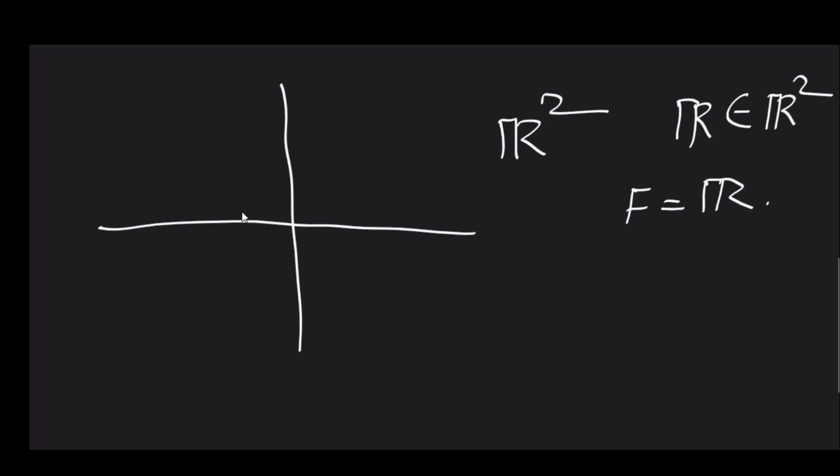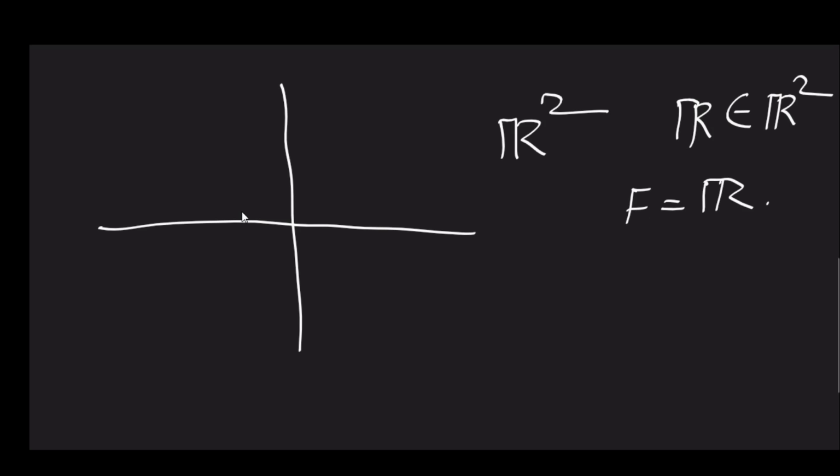Now let us consider a subspace of R2. Obviously R can be a subspace of R2 over the field R, where R is the real line.